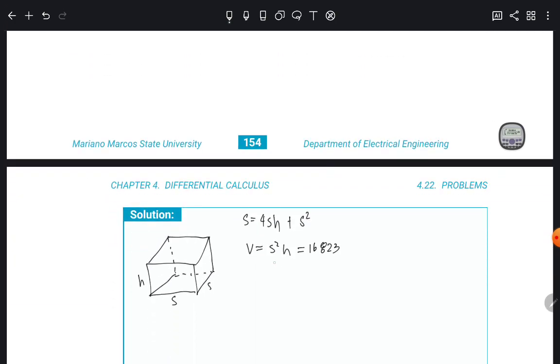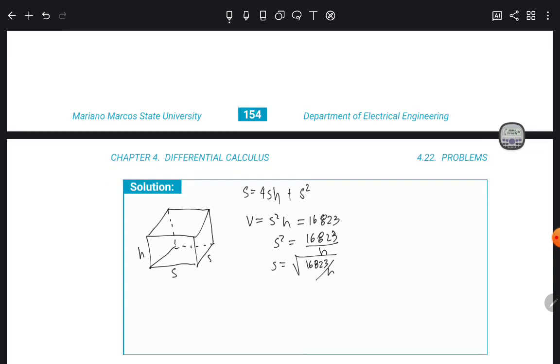So we can just solve for S squared, and this will be equal to 16,823 all over H. Then if you solve for S, this will be equal to the square root of 16,823 all over H. And we can substitute this in our equation for the surface area.